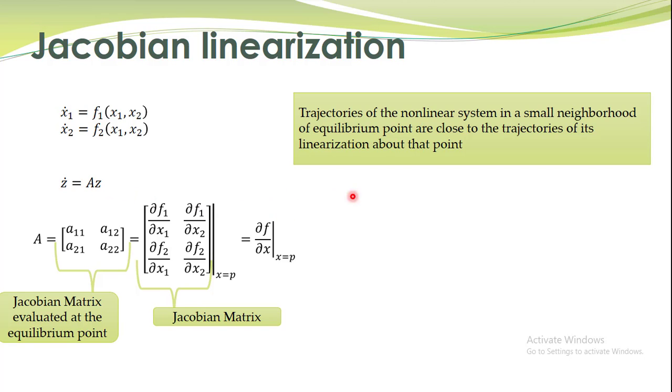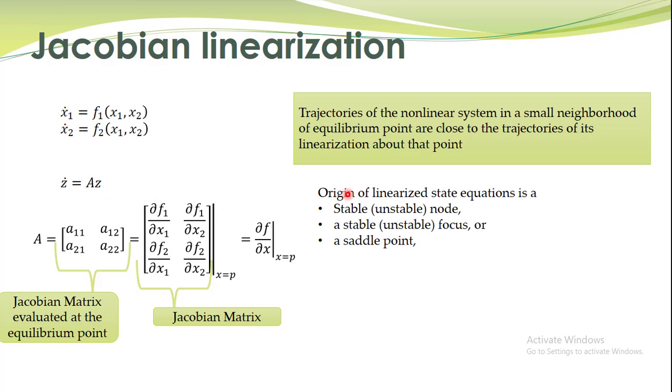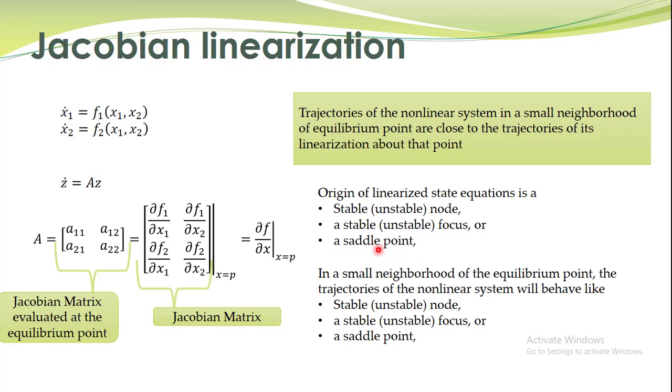For linear systems, you already know equilibrium point for linear systems can be a stable or unstable node, a stable or unstable focus. It can also be a saddle point.